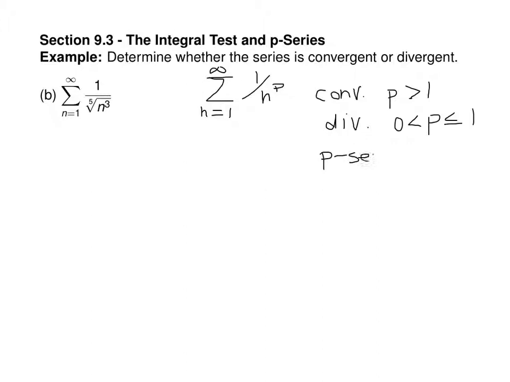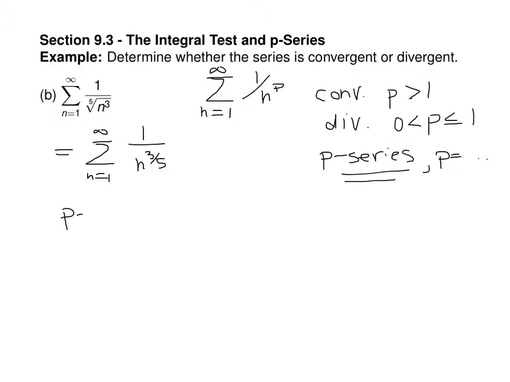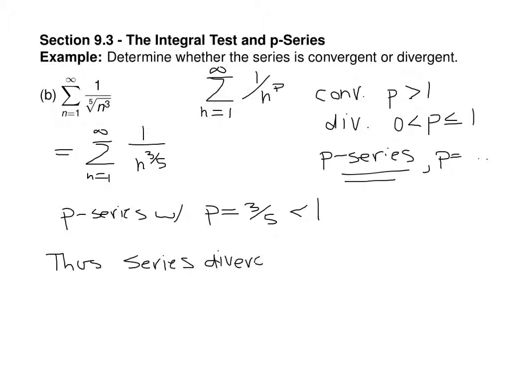You can just say that the series is a p-series and give me the value of what p is. So for example, in this one we have a sum from 1 to infinity. Now the fifth root of n cubed is the same thing as n to the 3/5. So this is a p-series with p equals 3/5, which is less than 1, and thus this series diverges.